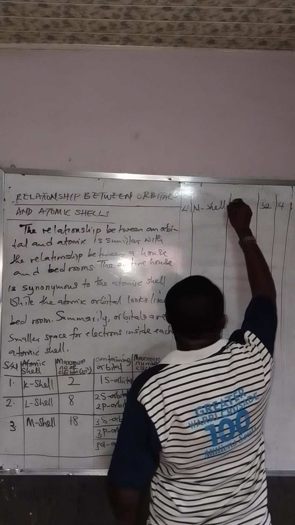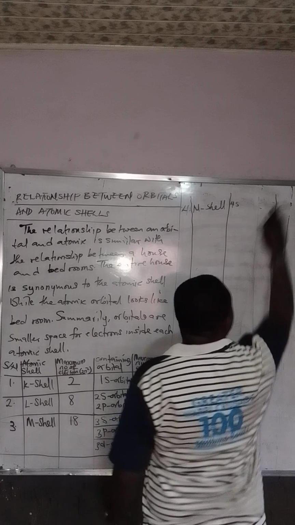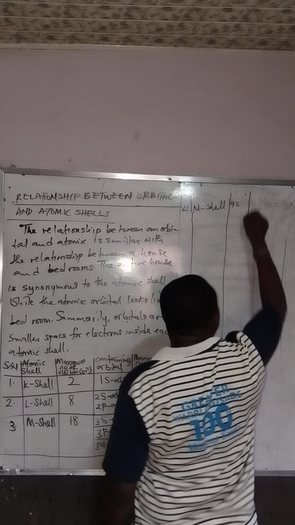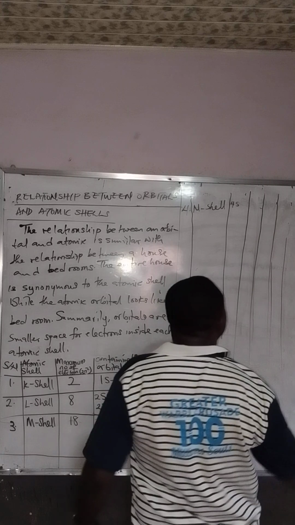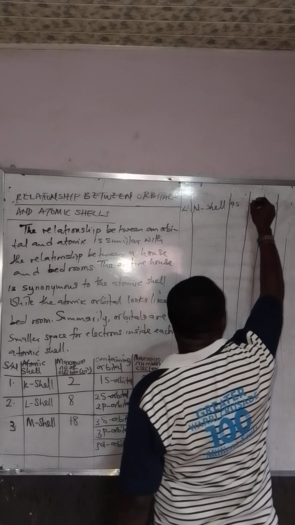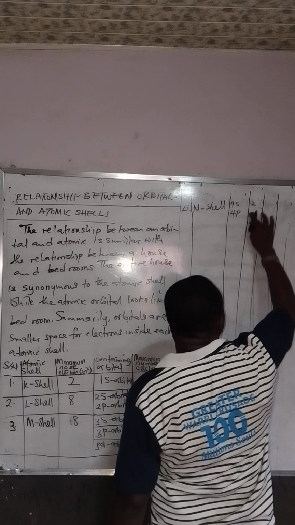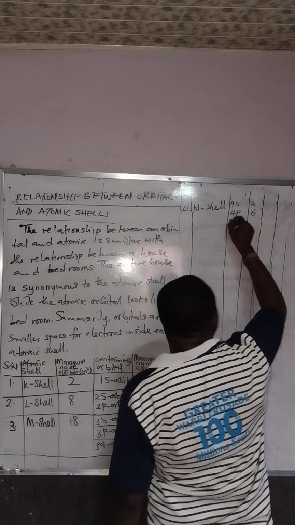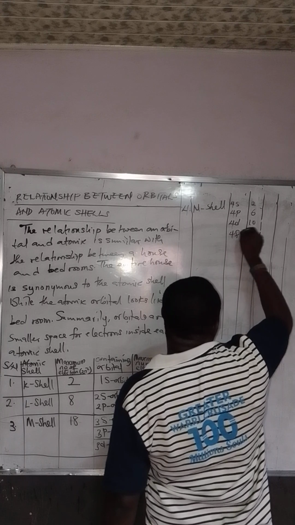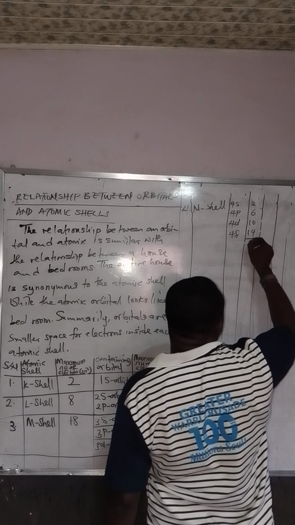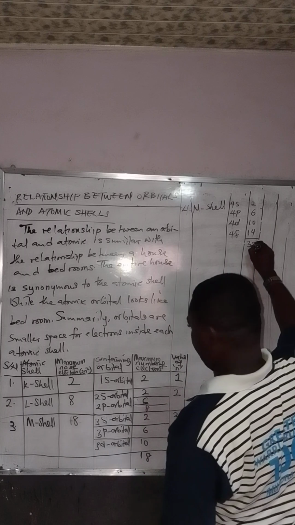It contains 4s, which carries a maximum of 2 electrons, 4p, which has 6 electrons, then 4d, which has 10 electrons, and 4f, which has 14 electrons. Add them together, that is 32.